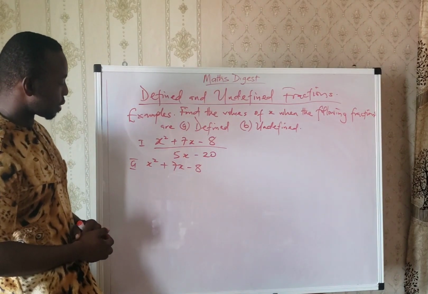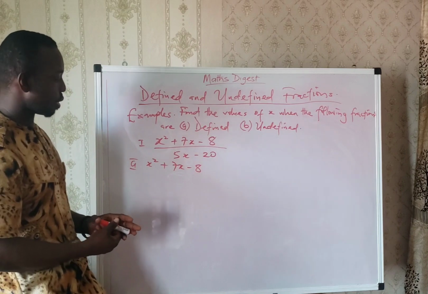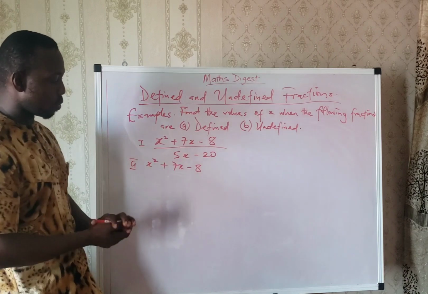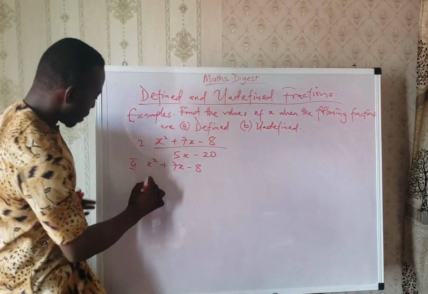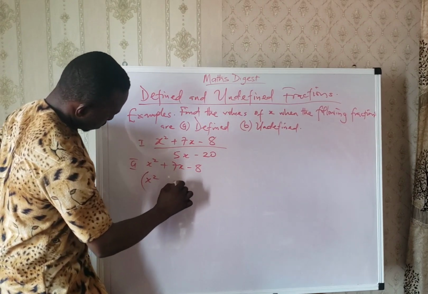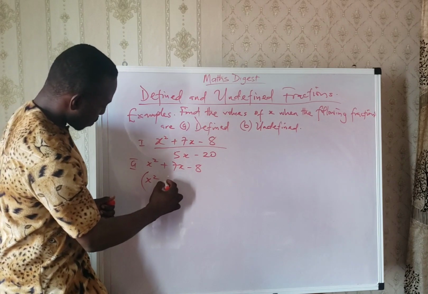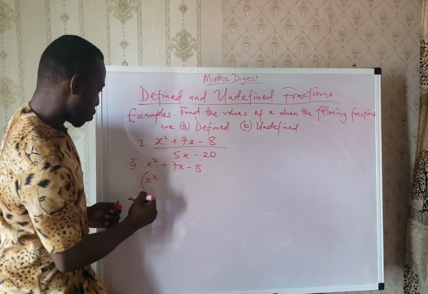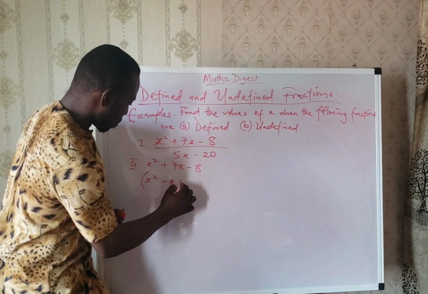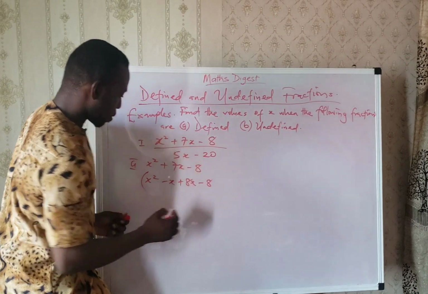Now, we are looking at a situation whereby you can just make the sum of it give you the middle term. So we can say x squared minus x plus 8x minus 8.